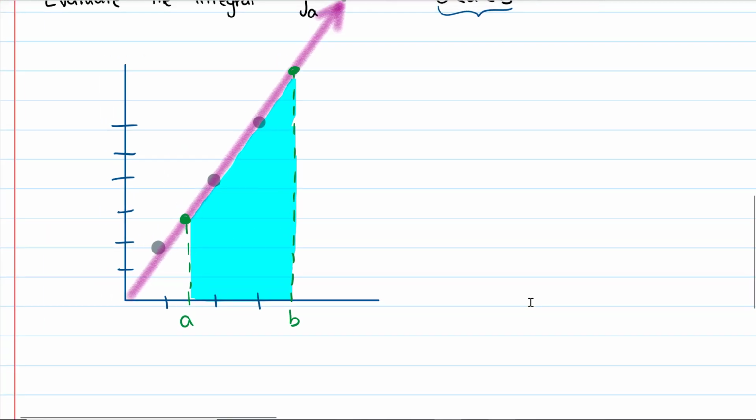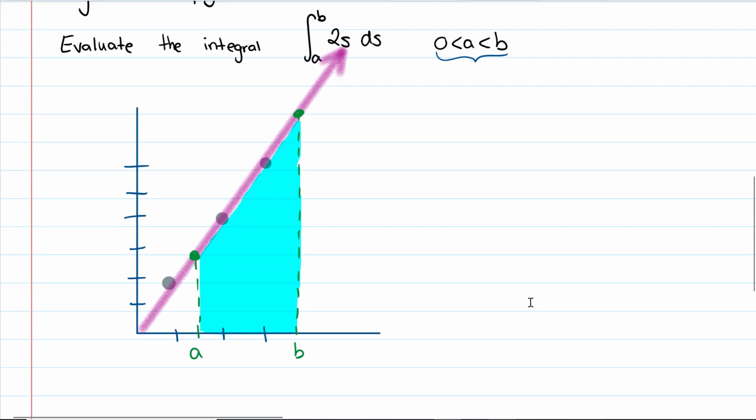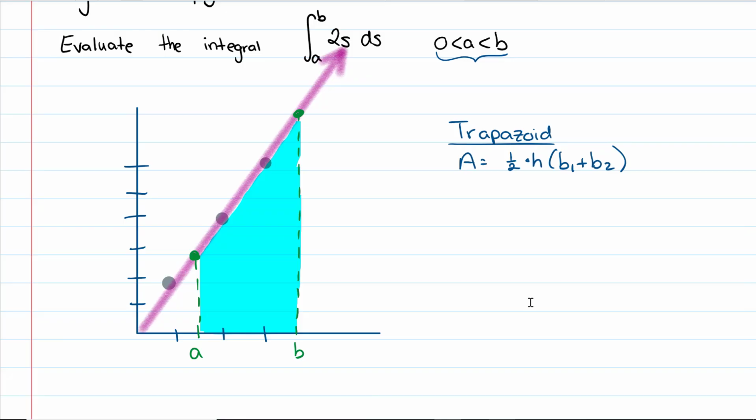So there's two ways to solve this. You'll notice that you've got a trapezoid here. So way one is finding the area of this trapezoid. And the area of a trapezoid is 1/2 times height times the average of the bases. So the height for this is going to be this distance.